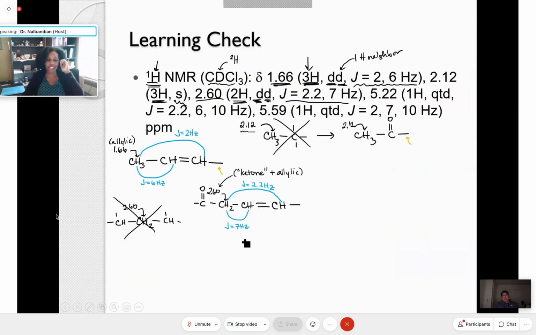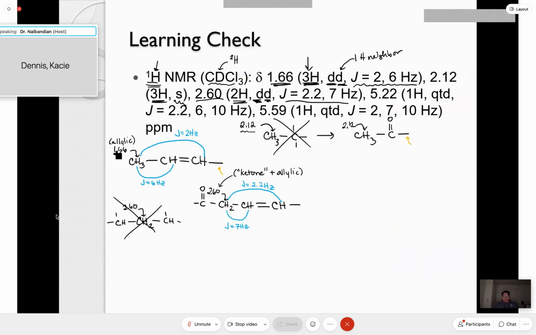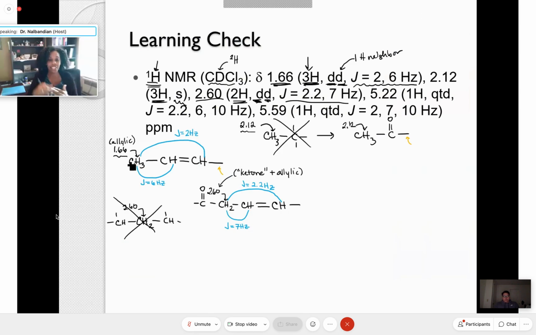On one side, electron density is being pulled away because of the carbonyl. On the other side, electron density is being pulled away because of the double bond, and so it gets de-shielded and de-shielded even more. Look at 1.66. It's de-shielded a little bit, but it gets de-shielded even more if it has both a carbonyl and a double bond. Look at 2.12. It's de-shielded, but if it had both things, then it would be de-shielded even more.